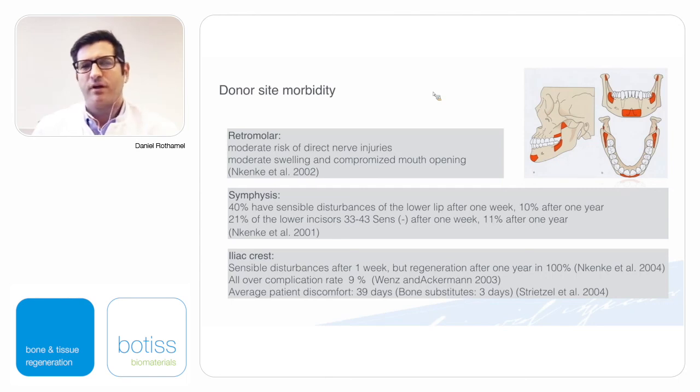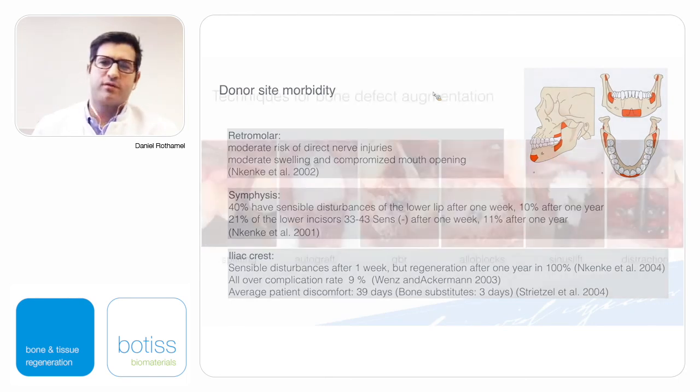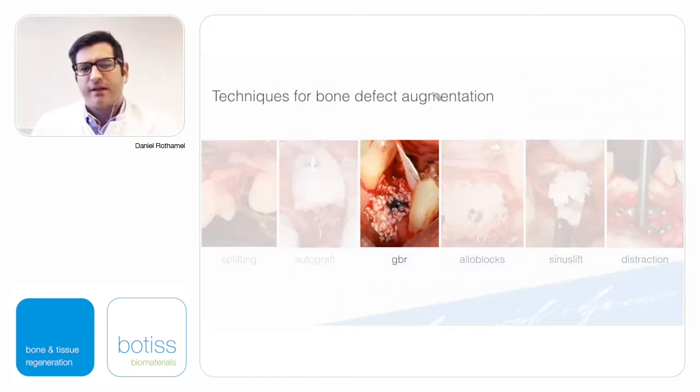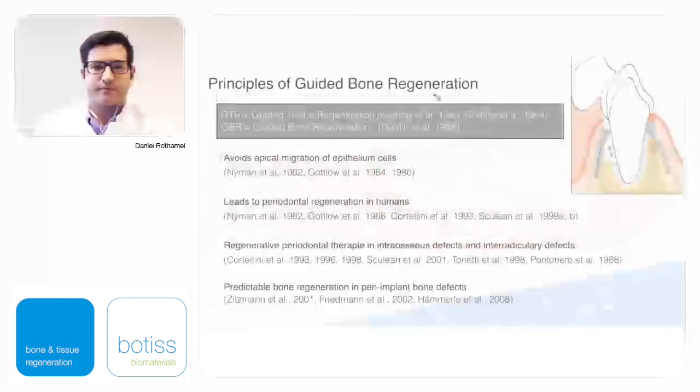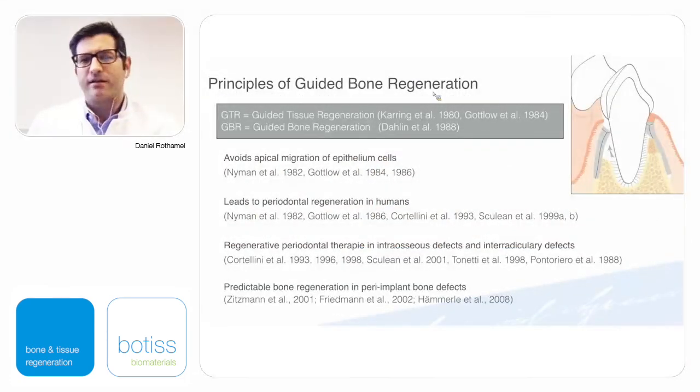And we have to look at alternatives to the autogenous bone, which is, of course, the bone substitute material used for sinus grafting procedures or in standard GBR procedures for lateral and horizontal augmentation. The idea of GBR is very simple. The idea is that we are inserting a barrier, whatever origin, to separate two different compartments.